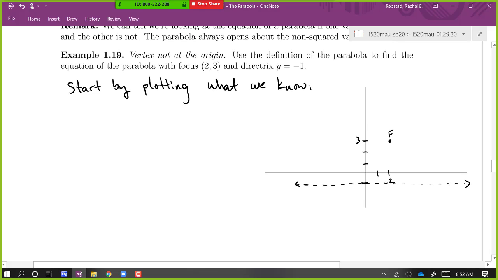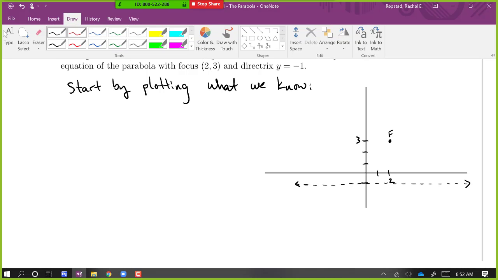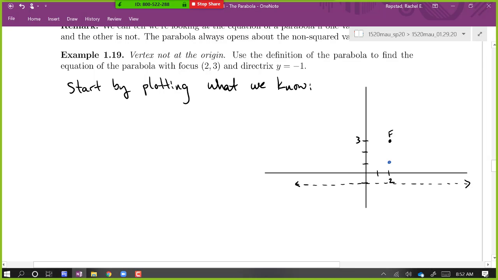So they tell us that the vertex is not at the origin. Does anybody know where the vertex is? Can anybody figure that out? Where is it? (2, 1). And why is it at (2, 1)? Yeah, right. It's got to be exactly in the middle between the focus and the directrix.